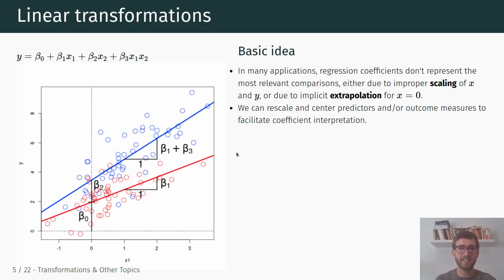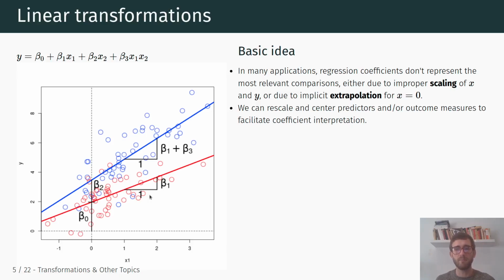Since these coefficients always represent the expected change that is associated with a 1 unit change in x, when we want to interpret these coefficients, to what extent this interpretation is useful for us always depends on whether this difference in 1 unit is actually meaningful, right?